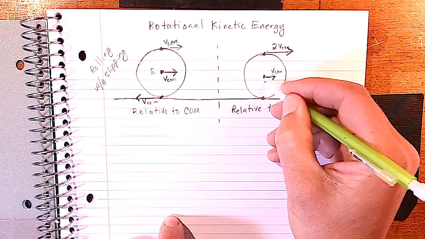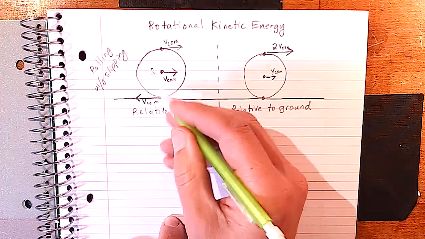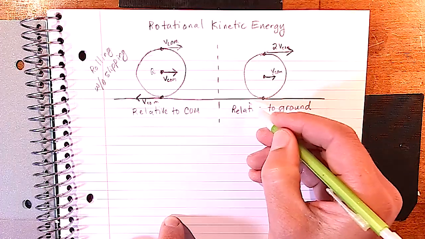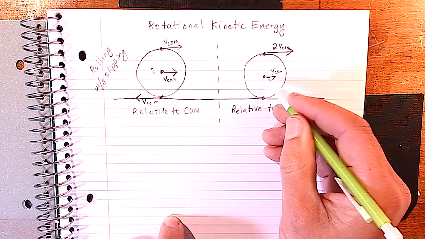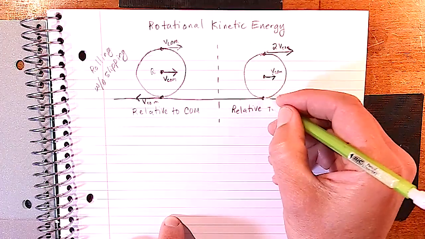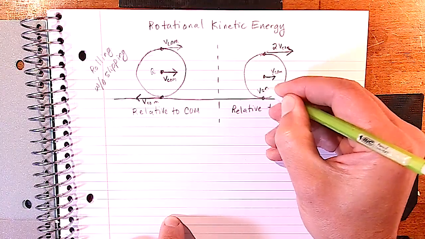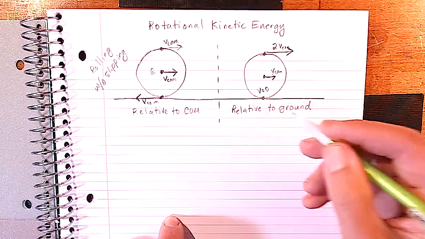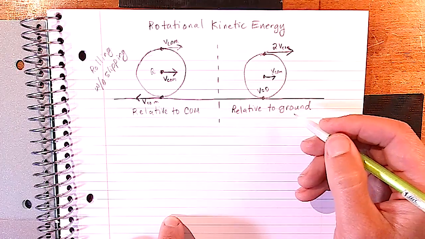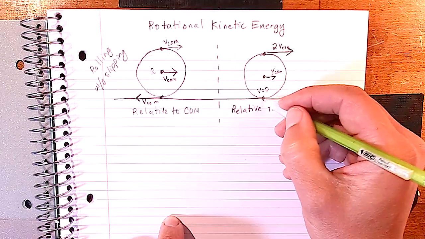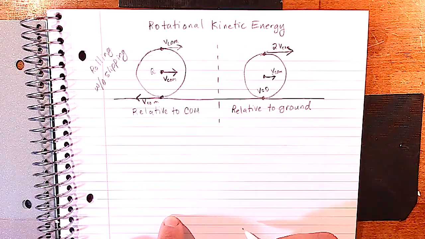Now on the bottom, we know that this velocity relative to the center is going this way at v-com, but the whole entire tire is moving this way at v-com, so that point is actually not moving relative to the ground. And that should make sense because that's why it's not slipping. The bottom of a tire while you're driving down the road is not moving relative to the ground.